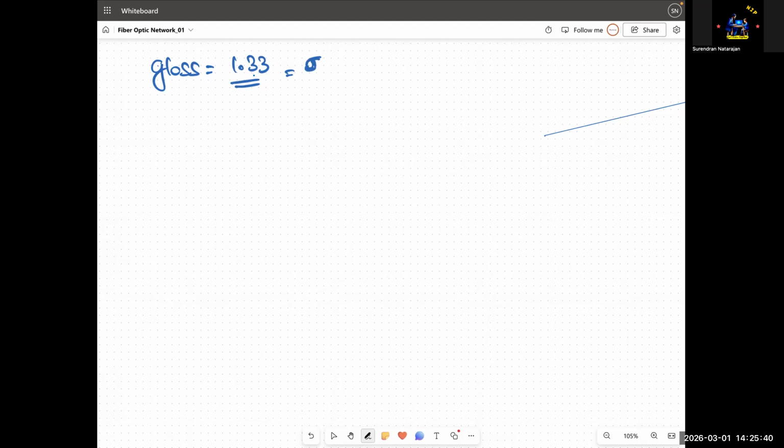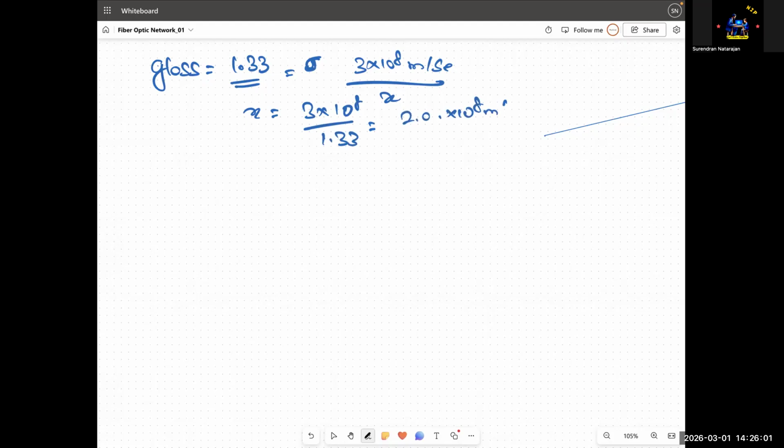The speed of light in air is 3 into 10 power 8 meters per second, divided by the speed x in glass. So x equals 3 into 10 power 8 divided by 1.33. Now you get close to 2 point something into 10 power 8 meters per second. Okay, so that is the idea.